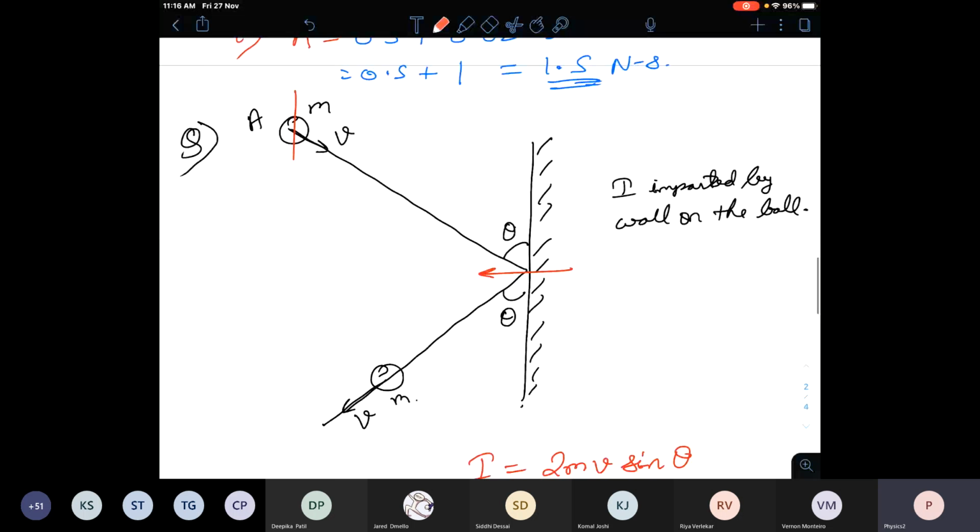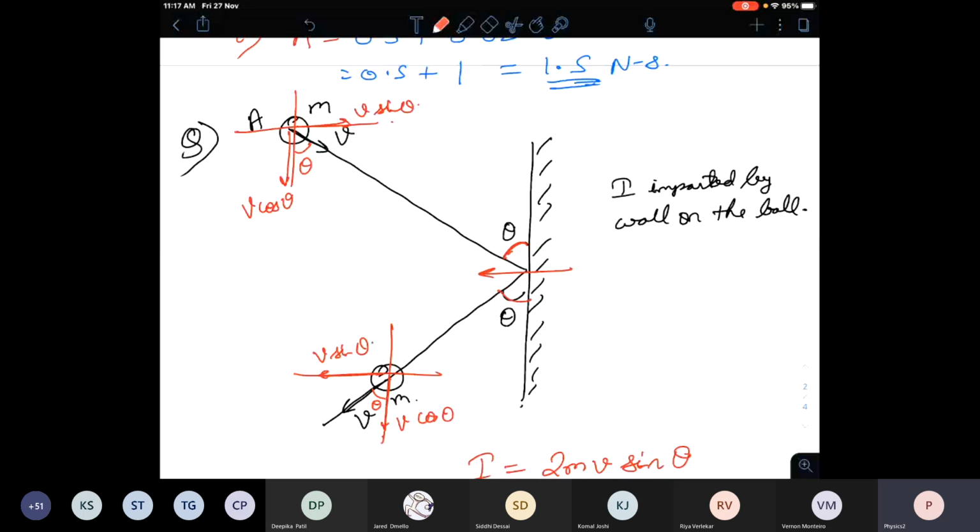So see, this is theta. So this angle will also be theta. So this will be v cos theta, and this will be v sine theta. Similarly, for the final condition, if this is theta, this will be theta, v cos theta and v sine theta. So you can see here that the momentum in y direction is not changing.